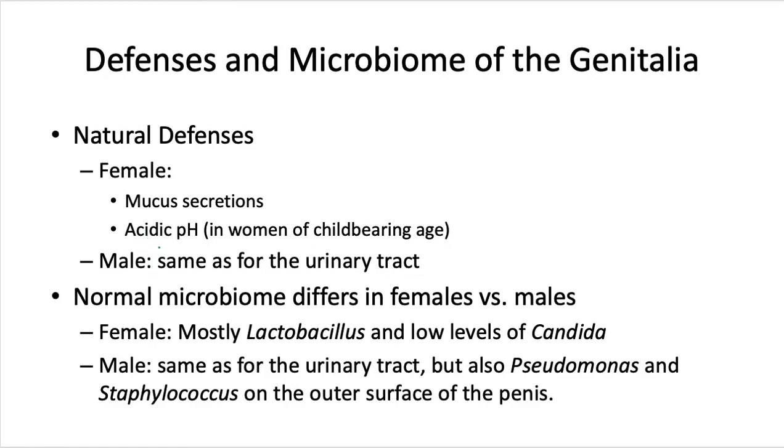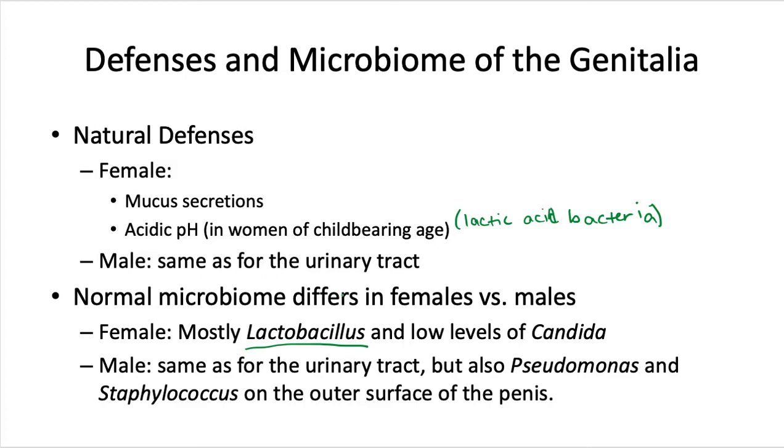And the vagina itself has a relatively acidic pH because of the lactic acid bacteria that form lactic acid from fermentation. One of those strains of lactic acid bacteria is Lactobacillus. So Lactobacillus is a healthy component of the women's reproductive system.